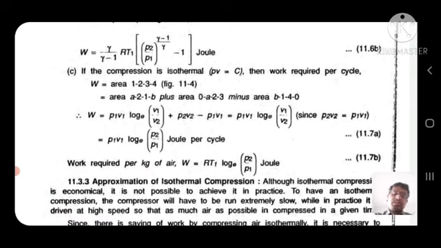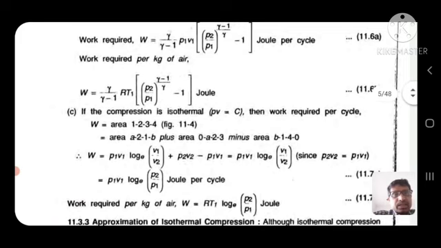So W is equal to P1 V1 log e (V1 by V2) plus P2 V2 minus P1 V1. So the final expression is P1 V1 log e (P2 by P1) joule per cycle. Therefore, the work required per kg of air is R T1 log e (P2 by P1) joule. That is the work required per kg of air.